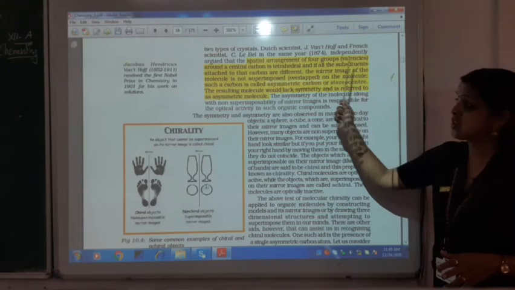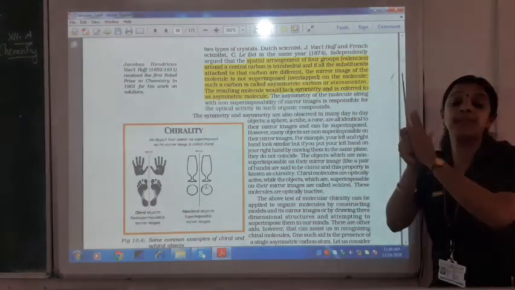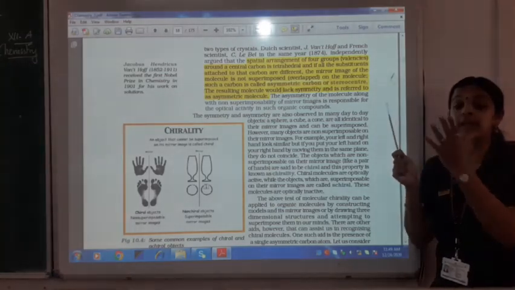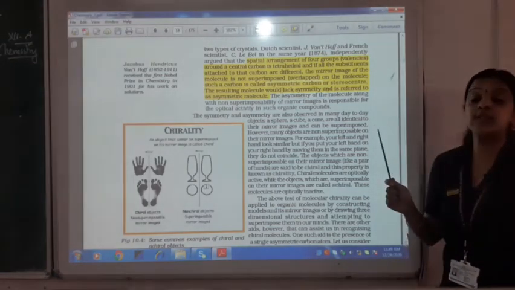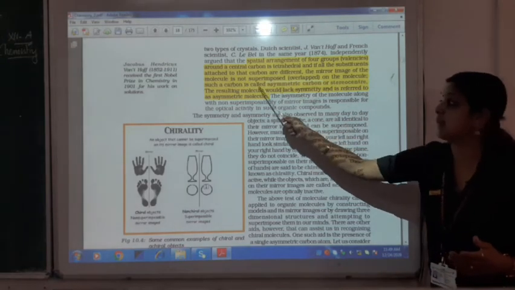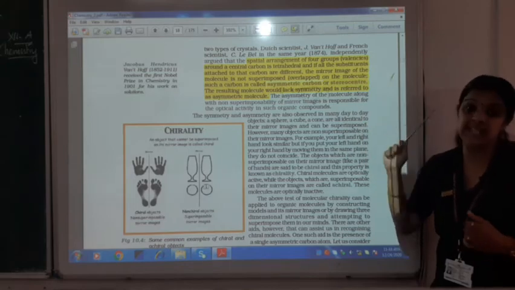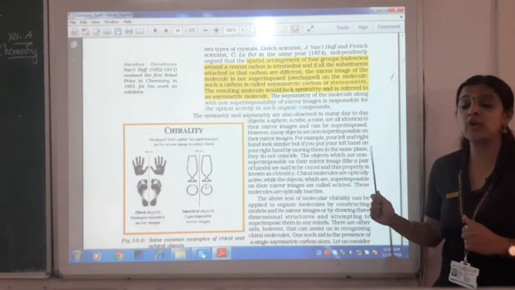The mirror image of the molecule is not superimposable. You cannot overlap the one carbon structure with the mirror image of the same carbon structure of the molecule. Such a carbon is called an asymmetric carbon or stereocenter. Are you able to follow me, children?